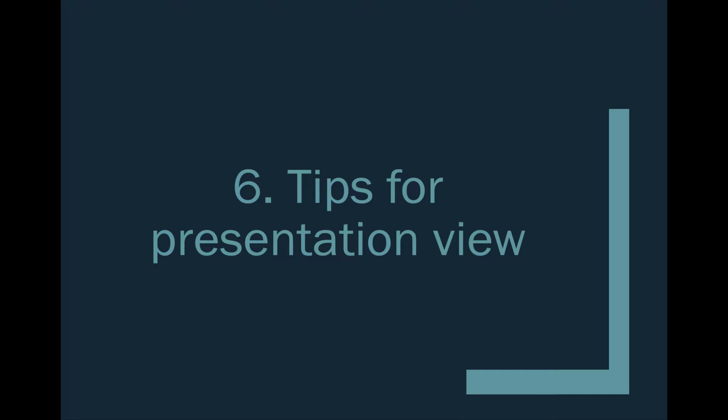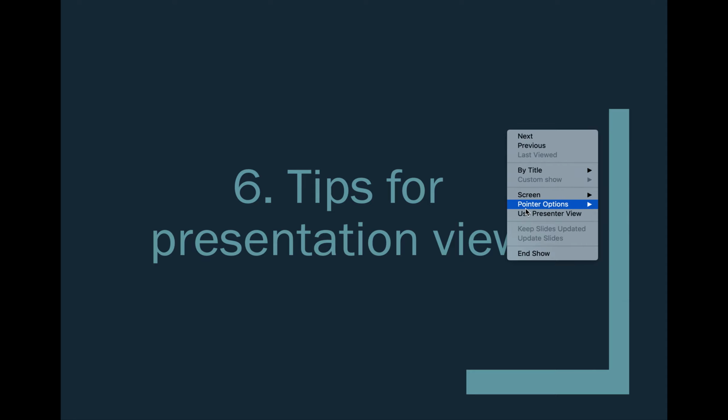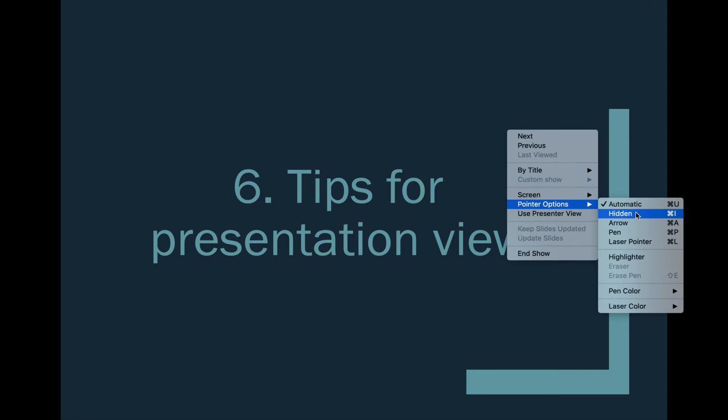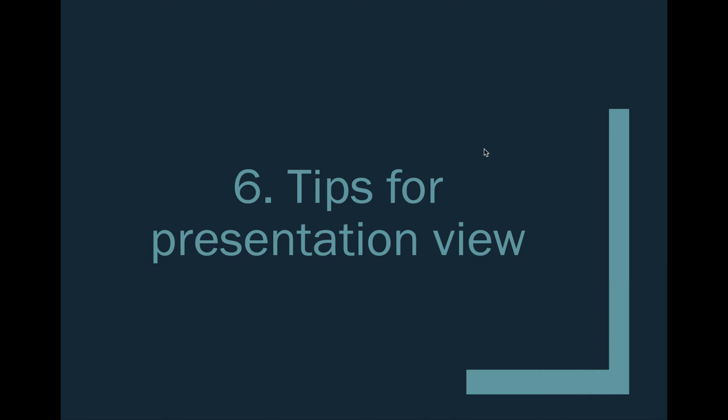And one great way to do that is to change our existing pointer, that is arrow, to maybe a laser or a pen. So the best way to do this, either you just right click and select from the pointer options. You can select an arrow, pen, or a laser pointer, or you can use keyboard shortcuts to activate these options.